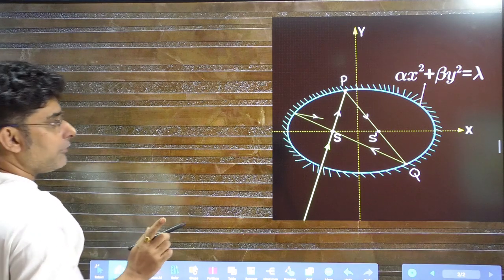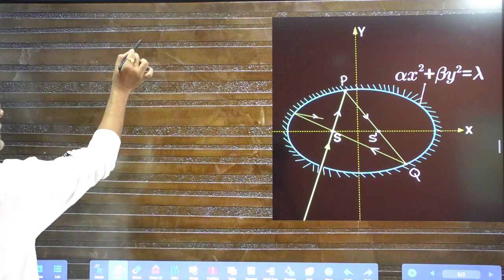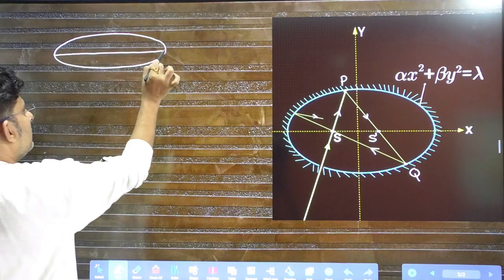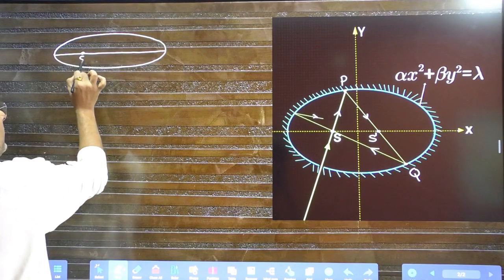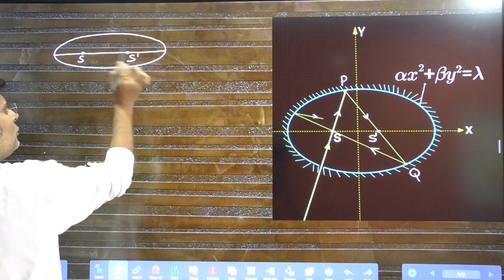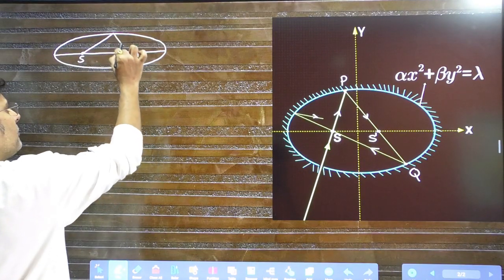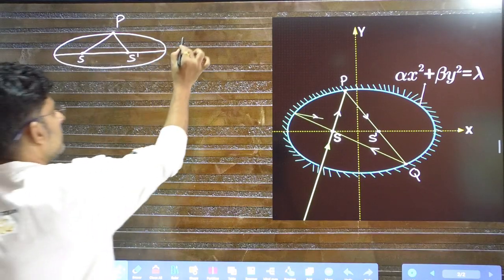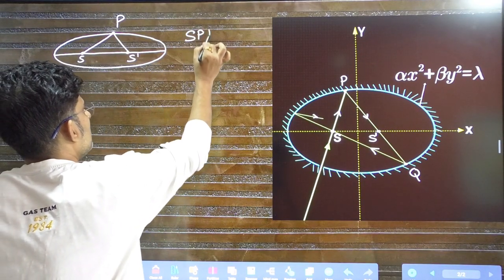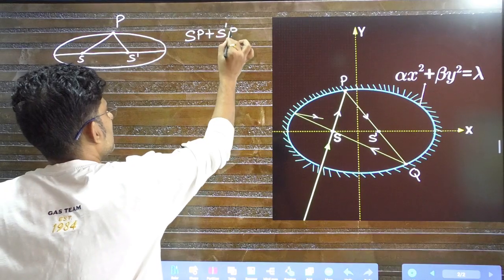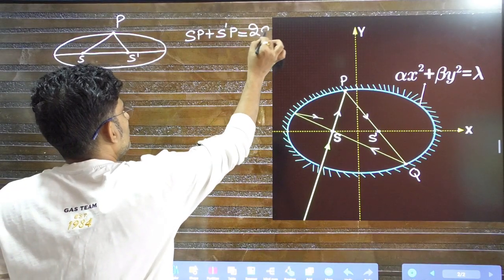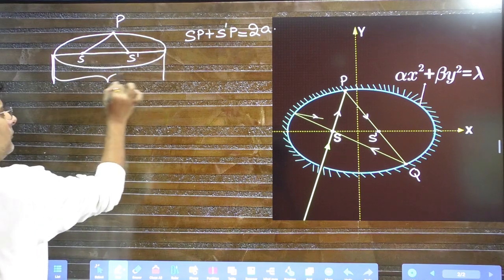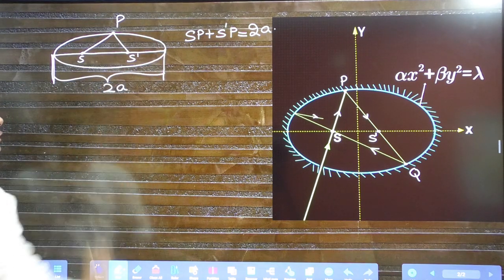One more important property of the ellipse is that if you take S and S dash as the two foci, and you take any point P, then the distance SP plus S dash P is a constant, and it equals 2a, where we know the major axis length of an ellipse is 2a.